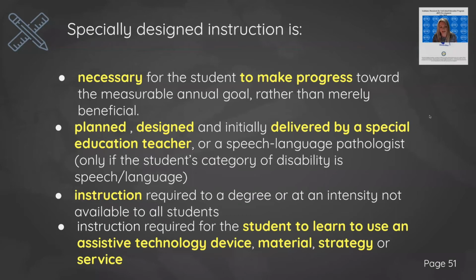And then the last thing is the instruction is required for the student to learn a device or strategy or material. So if they have a calculator, or if they have an iPad with an app that they have to use as a communication device, they need the instruction on how to use that, then that would be an example of SDI as well.